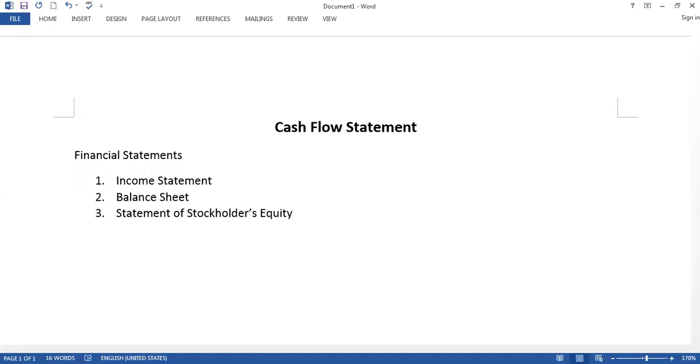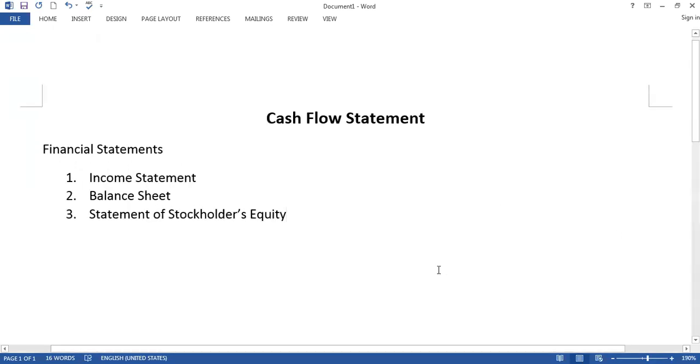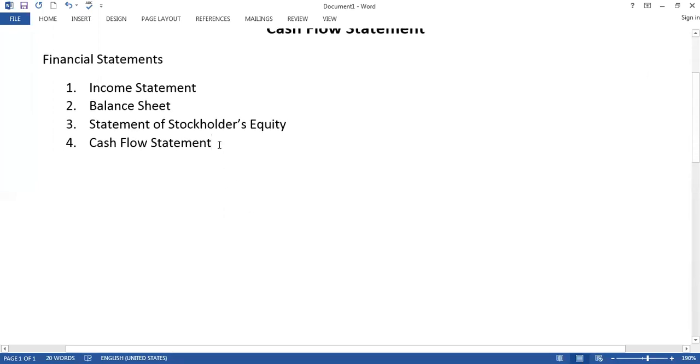So these three financial statements we learned in detail from our previous courses, right? And we have another important financial statement called the cash flow statement. So today we are going to learn in detail about the cash flow statement.